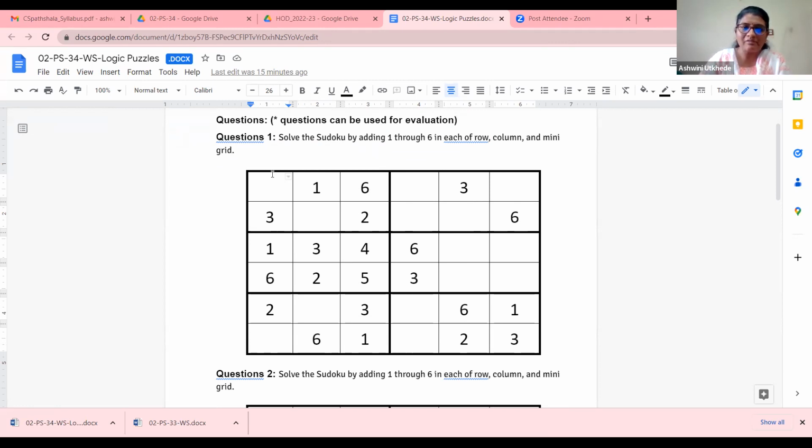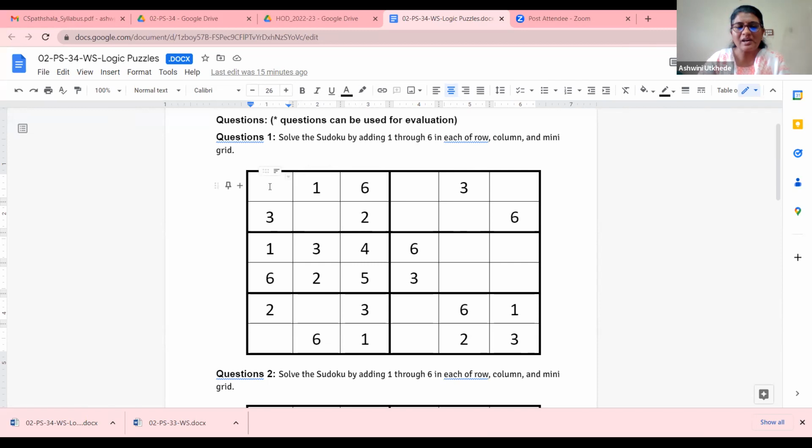So here we have a 6x6 Sudoku grid, which is divided into 6 small mini grids. In 4x4 Sudoku, we have the choice of filling the cell with numbers from 1 to 4. Here we have choices of numbers from 1 to 6 to fill each cell in each mini grid.